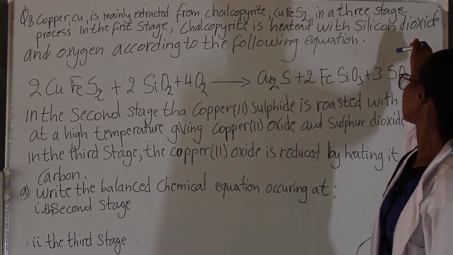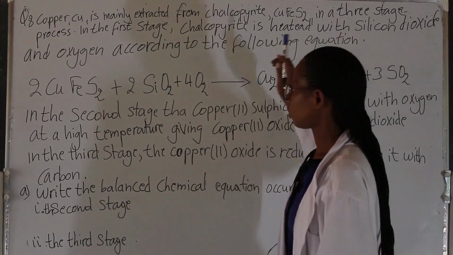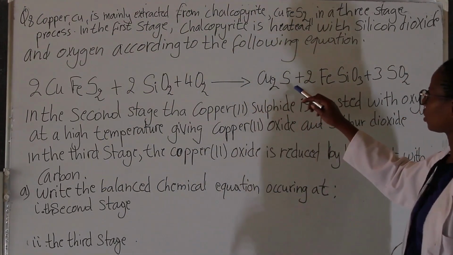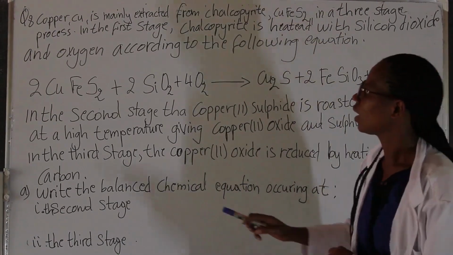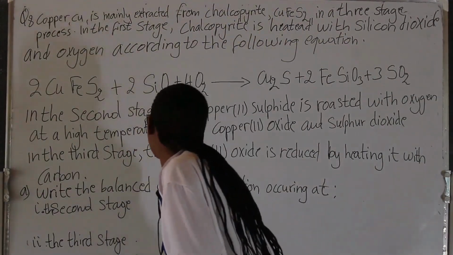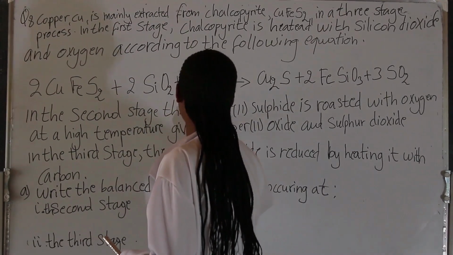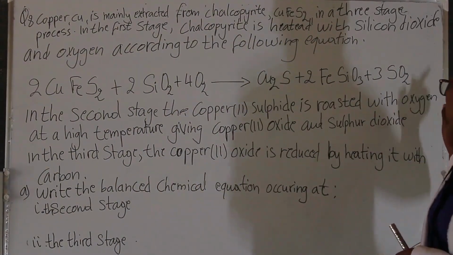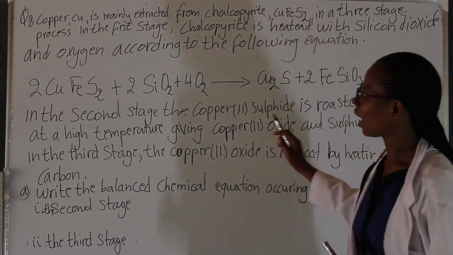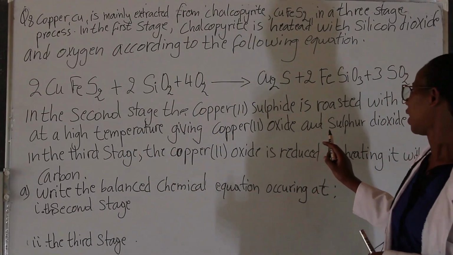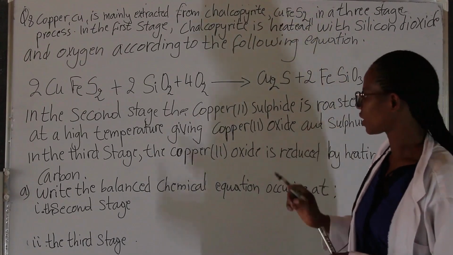In the second stage, the copper sulfide is reacted with oxygen at high temperature, giving copper 2 oxide and sulfur dioxide.